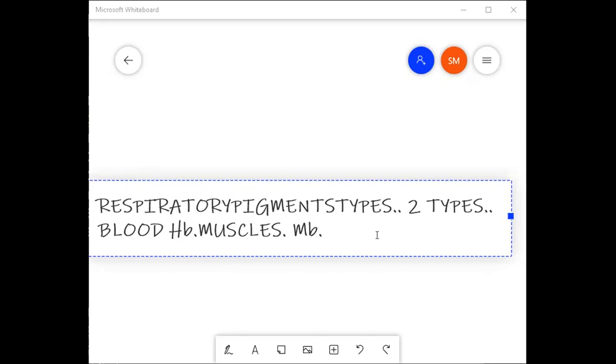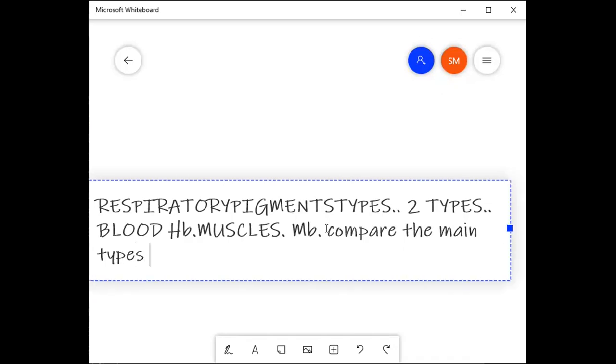Okay? So the question that you can expect in this is: compare the main types of respiratory pigments found in man.